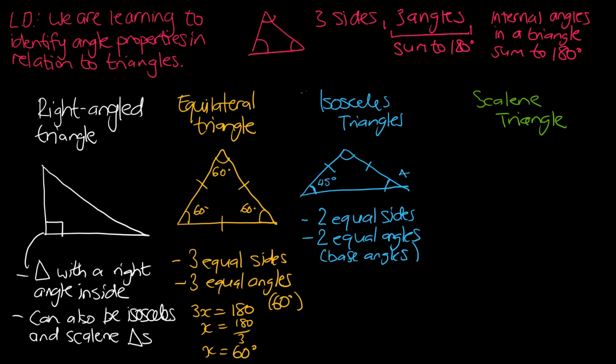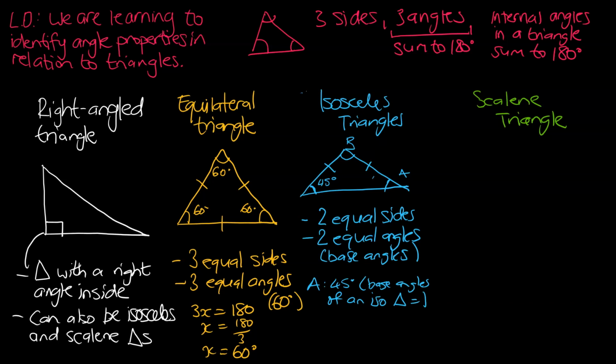So we'll call that angle A and we'll call that angle B. So if we were working on this problem, we would be able to say, well, angle A is 45 degrees because base angles of an isosceles triangle are equal to each other.